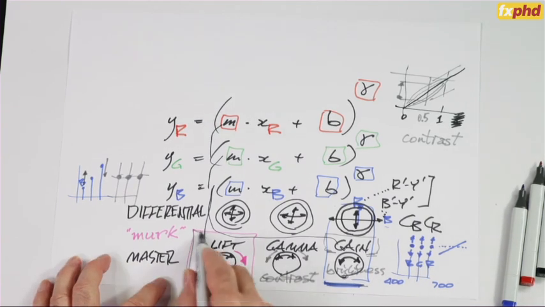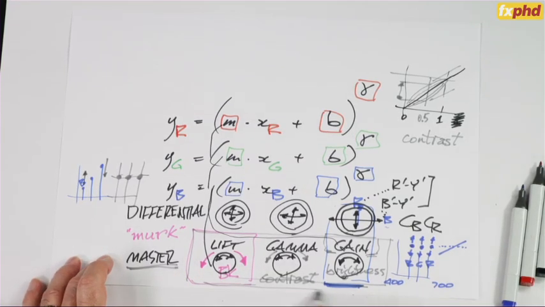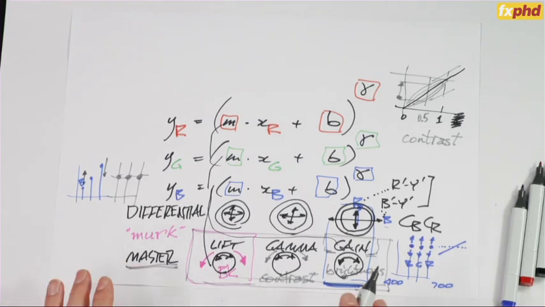So those are the main 3 controls, and if you just use the master controls, your adjustments will affect the image in all colors equally.